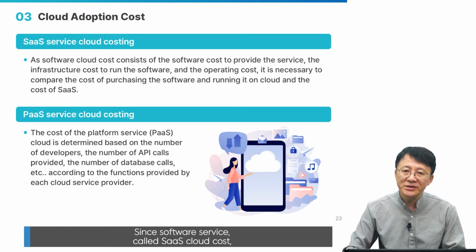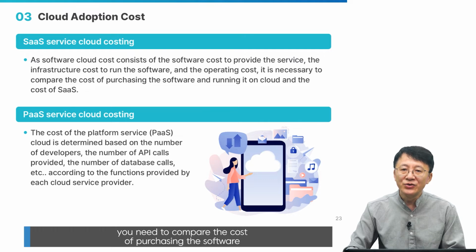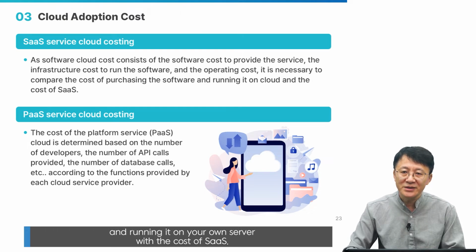Since the software service called SaaS cloud cost consists of the cost of software providing the service, the cost of infrastructure to run the software, and the cost of operation, you need to compare the cost of purchasing the software and running it on your own server with the cost of SaaS.